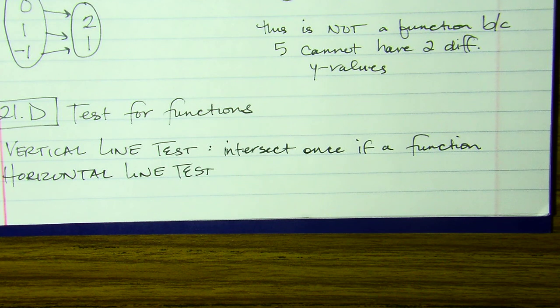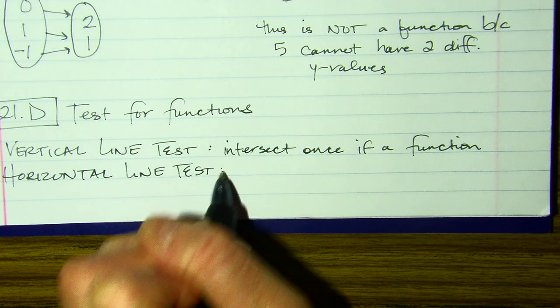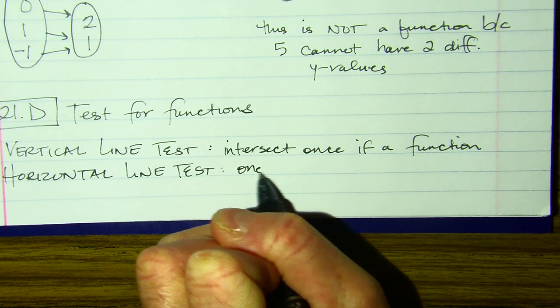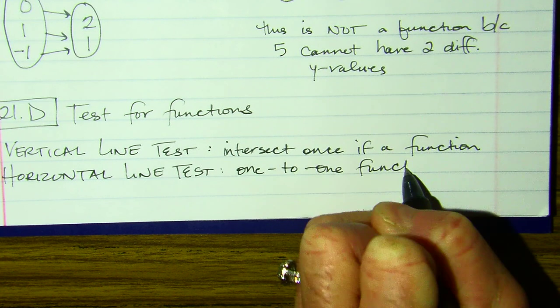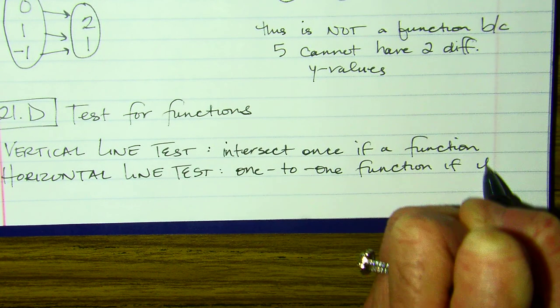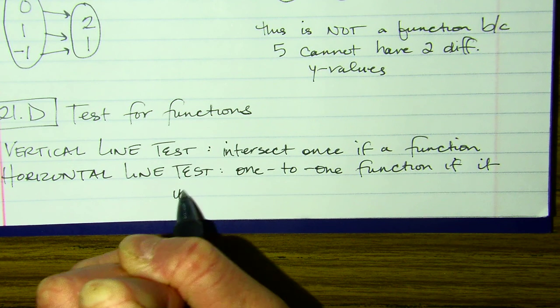You would use the horizontal line test for its inverse. If it passes the horizontal line test, then the inverse will be a function. But you can also use the horizontal to know if it's a one-to-one function, if it intersects once.